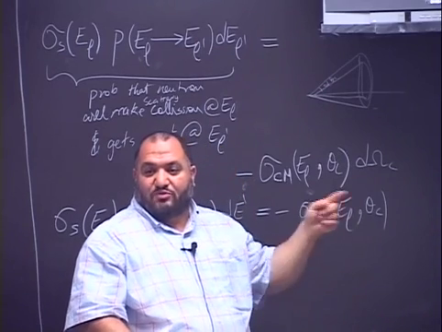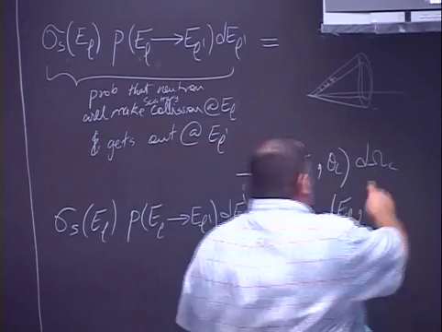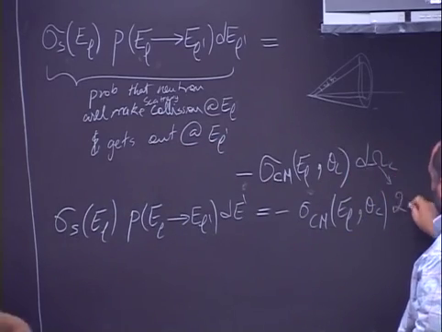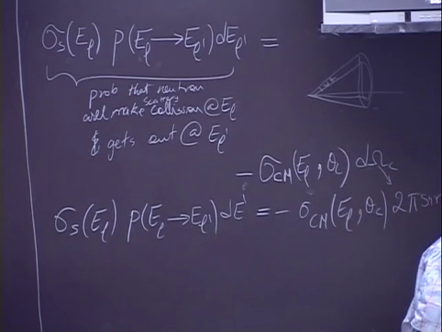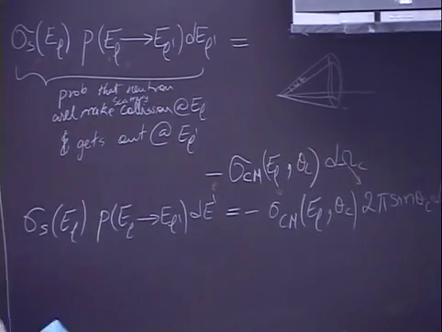So you integrate between 0 and 2 pi, so you should get 2 pi. Yes? So you will notice that delta omega is nothing more than 2 pi sine theta C delta theta C. Did you understand so far?